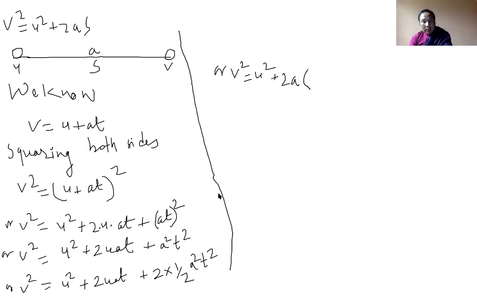Now let's write the left one. We have taken 2a already common, so u and t left, so ut is left. Now plus, 2 is already taken as common, so left is 1 by 2. Out of a square, a has been already taken as common, so left is a and t square.